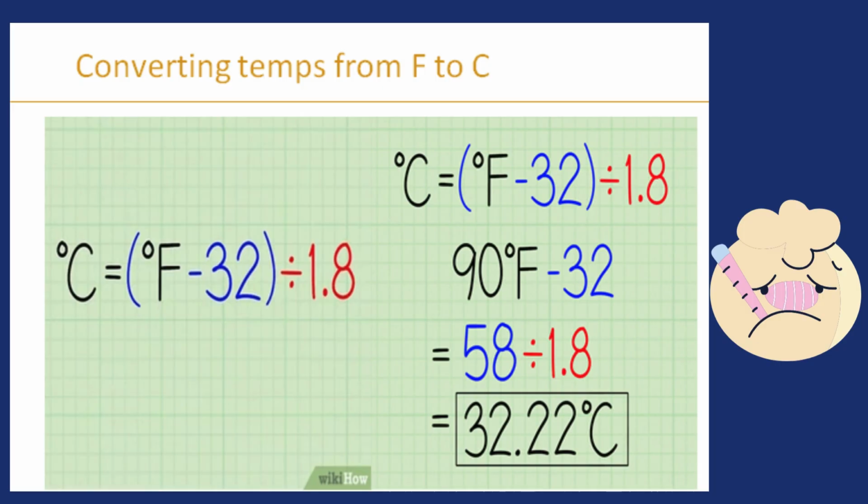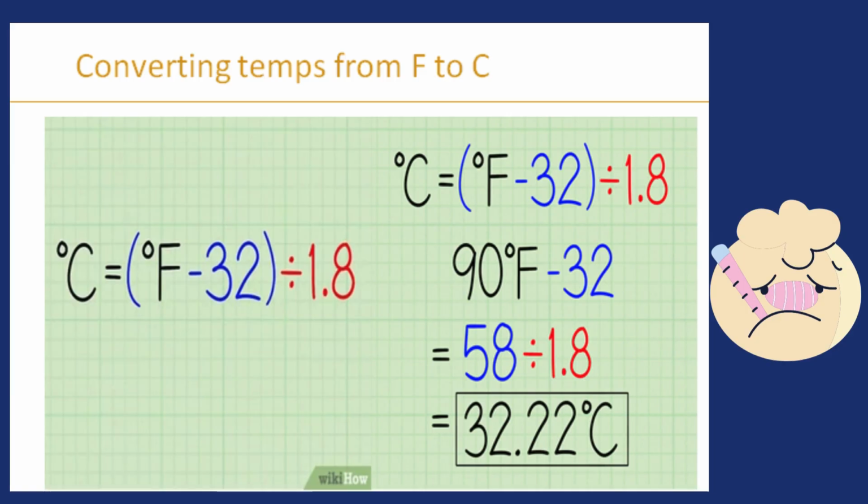If we round that to the nearest tenth, it would be 32.2. Because just think, when you're taking somebody's temp, you normally don't say you're 101.5876. Normally they say you're 101.4, you're 101.5. So usually the temps are to the nearest tenth.